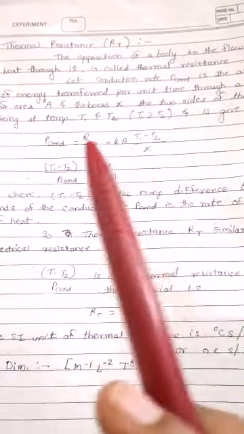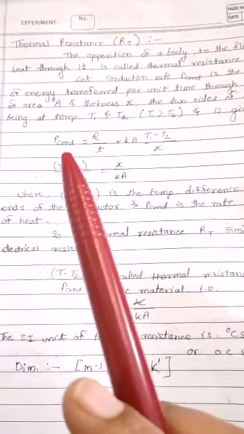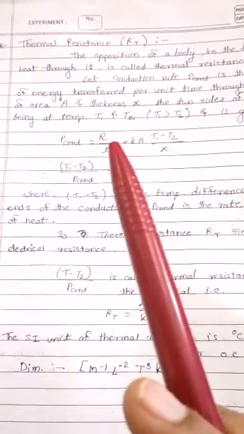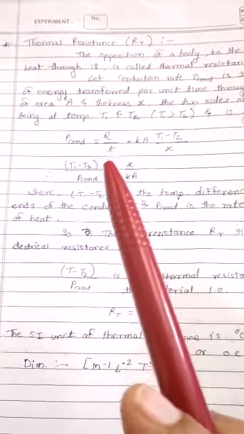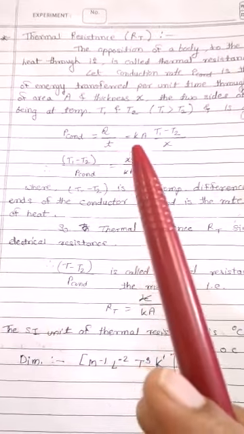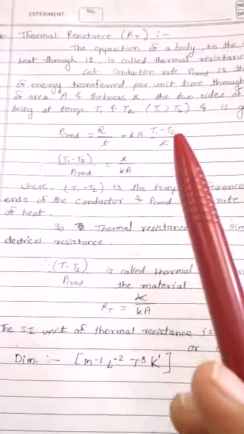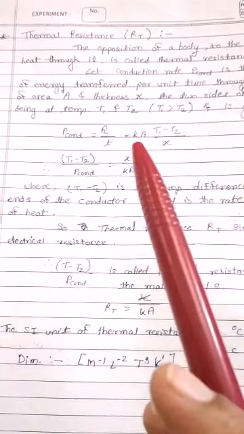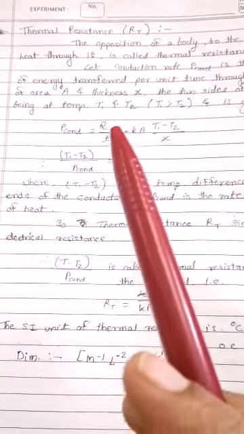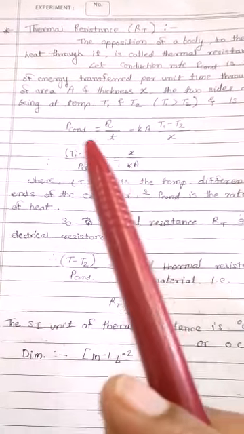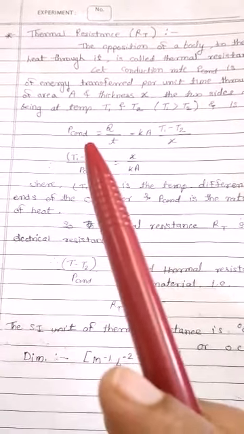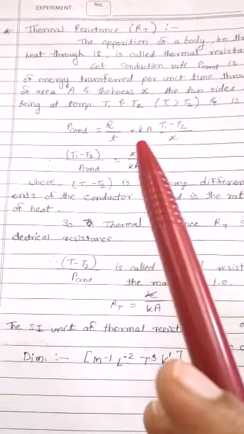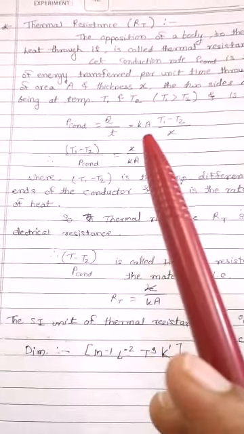It is given by P conduction is equal to Q/t, where Q means heat and t means time, is equal to KA (T1 minus T2)/X. We already found this in the thermal conductivity formula. So Q/t means the rate of flow of heat, called P conduction. Here K is a constant, the coefficient of thermal conductivity.